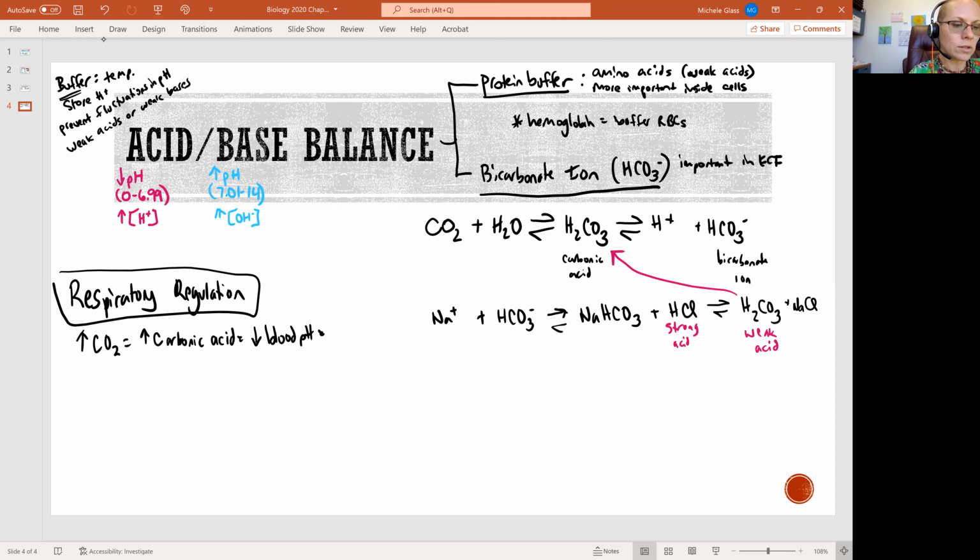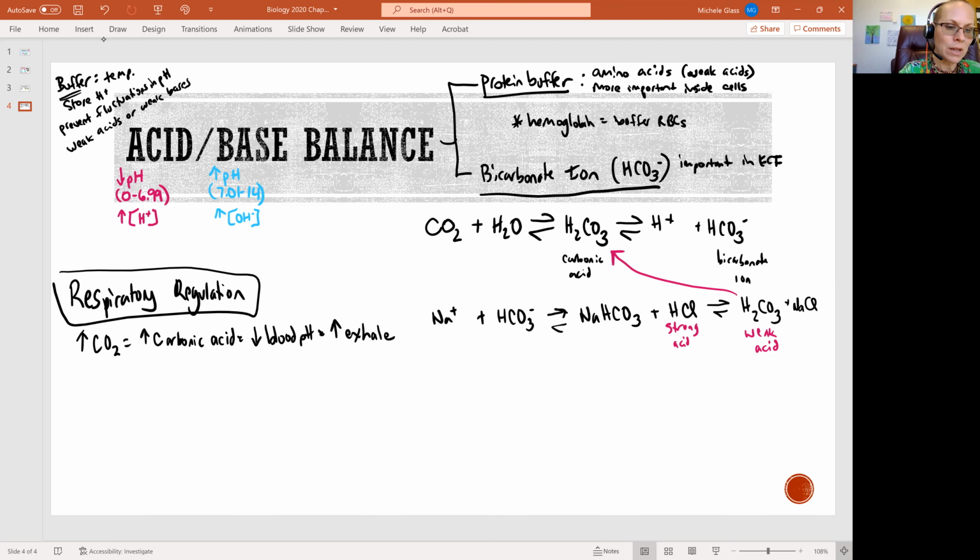And all we have to do to manage this is to increase our exhale. So one of our major driving forces to breathe is our exhale because of a buildup of CO2. So when we have a buildup of CO2, we're actually affecting our blood pH, but we can regulate this simply by exhaling our breath.